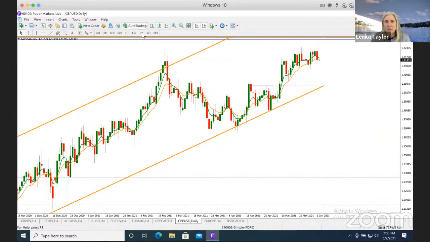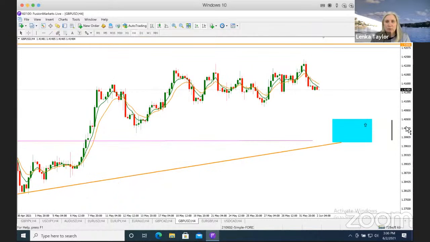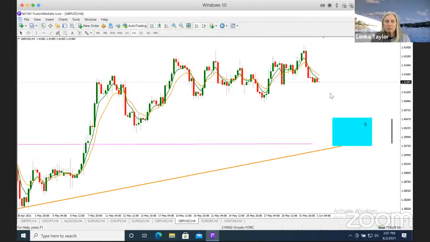So, see, possibly a reversal, but if we get a pullback, the pullback would need to be a lot deeper down to this bottom of the channel in terms of the price action to see if there is a reversal. Then there is still a bit of room before the horizontal, but at the moment I'm not looking to enter.